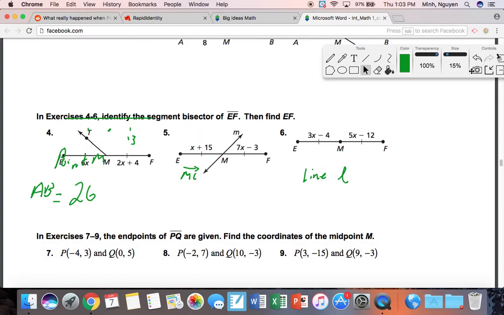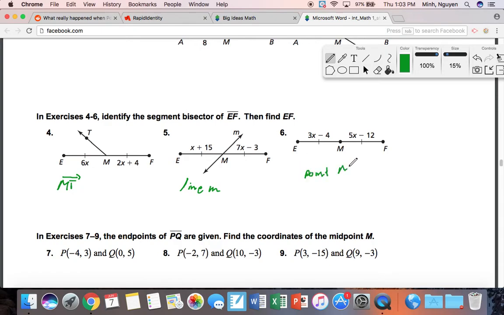Identify the segment bisector again. Ray MT, point M. Then find EF. Now it gets a little more complicated, though not that complicated. You know that if it's bisected, two things are cut in half. What are they compared to each other?